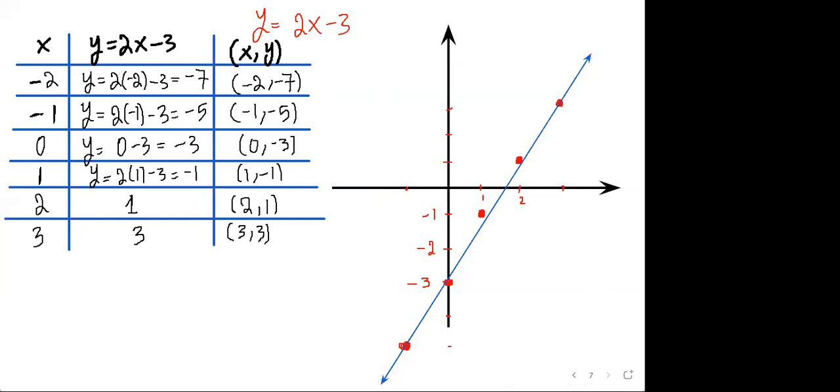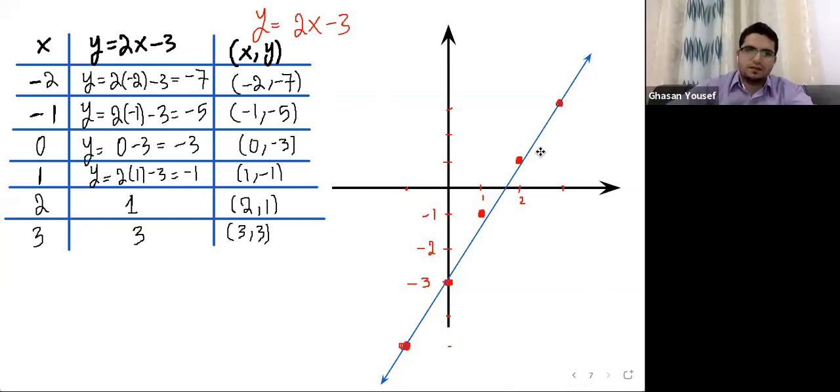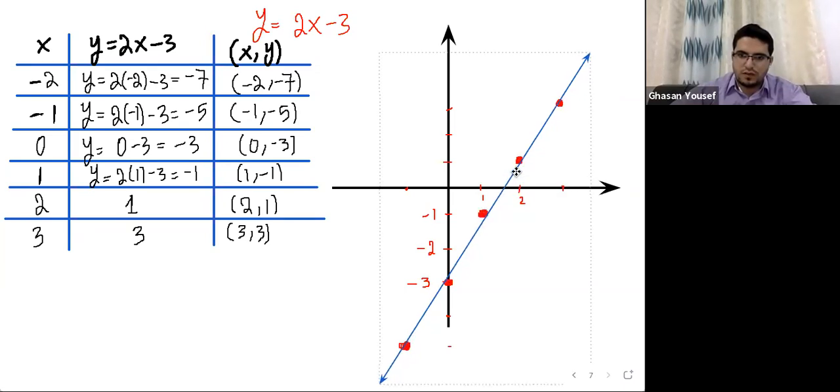Okay, so this is the graph of this equation. Any question for this example?